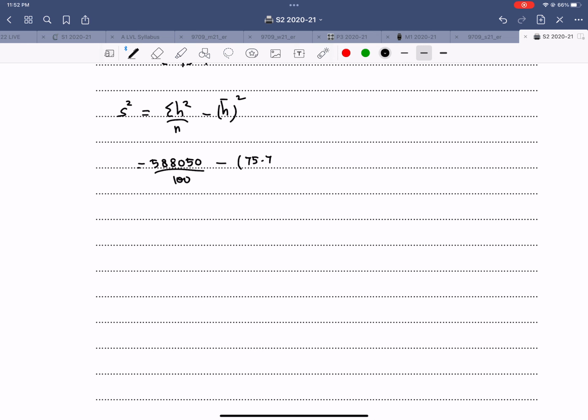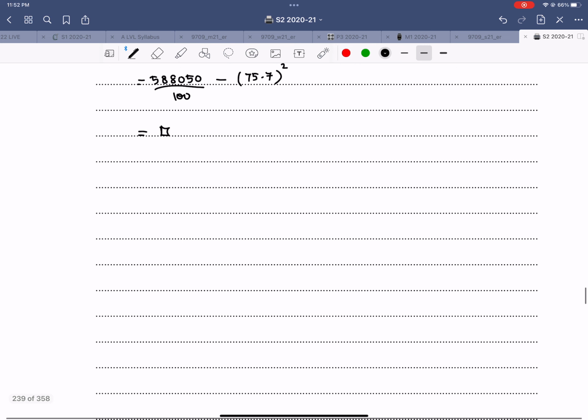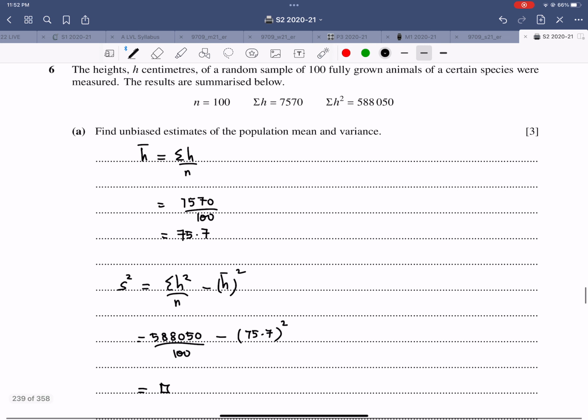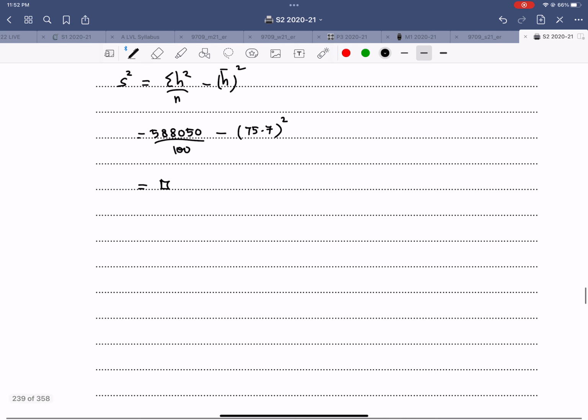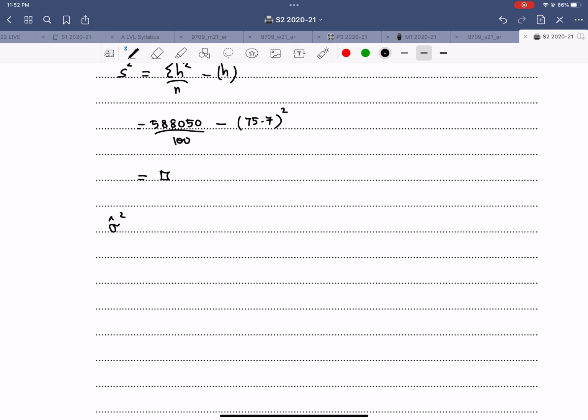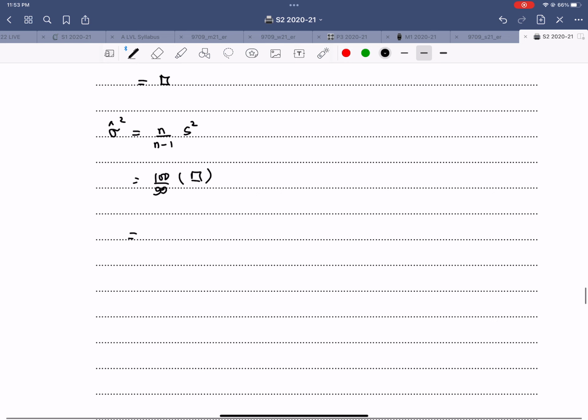First of all, unbiased estimate of population mean is the same thing as sample mean. An unbiased estimate of population variance is n over n minus 1 times sample variance. That is 100 over 99 into this value that's at the top. And then you use a calculator, and you get this answer as 151.525.